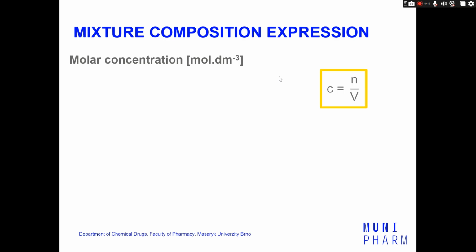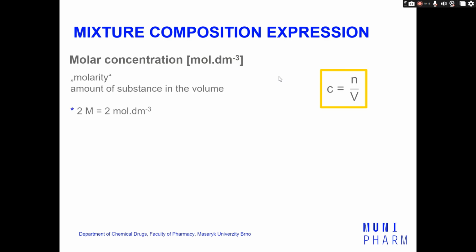The composition of mixtures in terms of the proportion of the solute in the total volume of the solution is expressed by quantities called concentrations. If the amount of substance of a solute is dissolved in a given volume of the solution, then it is a molar or substance concentration, which we denote by a small letter c, and the unit is mole per cubic decimeter.